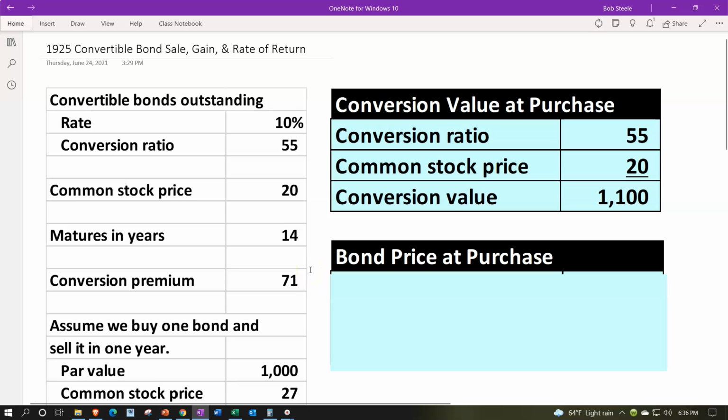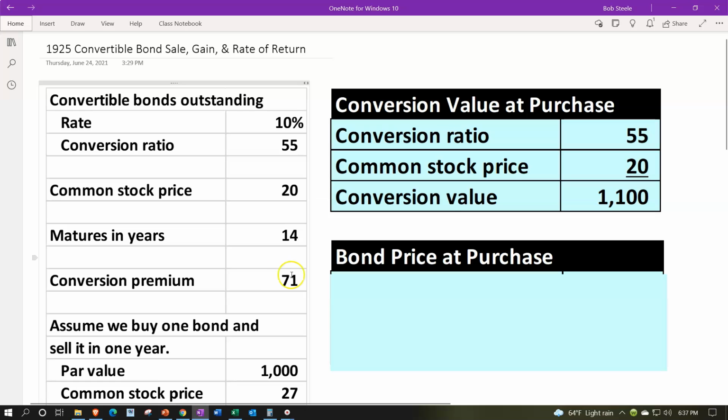Now the conversion premium is by definition the amount over and above the conversion value that gets to the bond market price. Sometimes we might think of it the other way around, meaning we might have the bond market price and then figure out the conversion premium. But if we're given the conversion premium, we can back into the bond price.